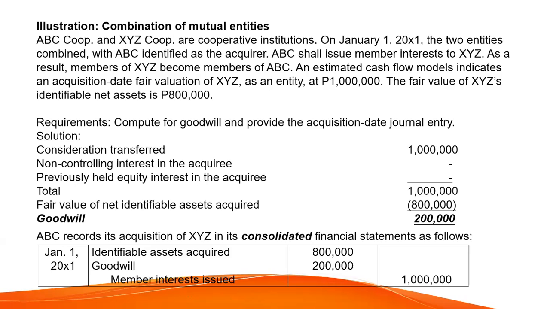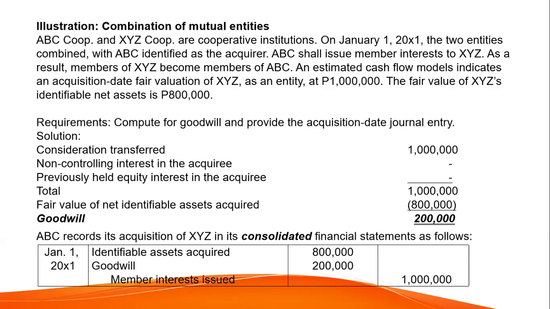An estimated cash flow model indicates an acquisition date fair value of XYZ as an entity at 1 million pesos. The fair value of XYZ's identifiable net assets is 800,000. Required, compute for goodwill and provide the acquisition date journal entry.